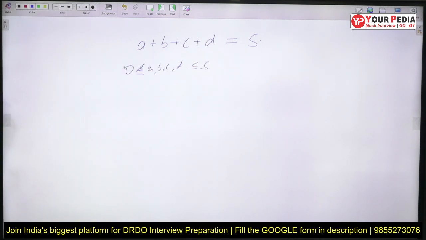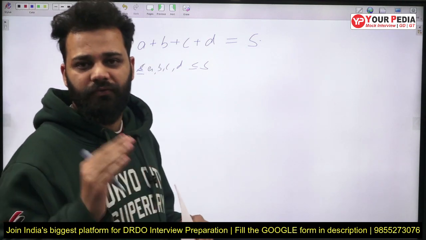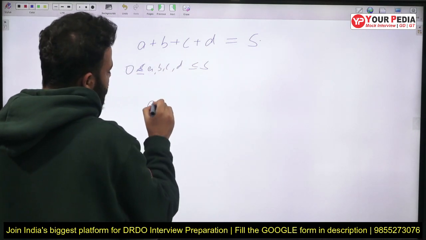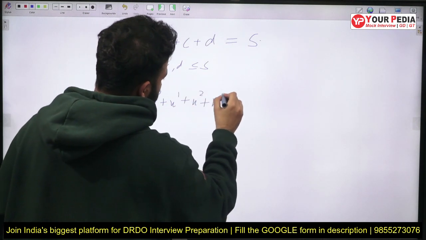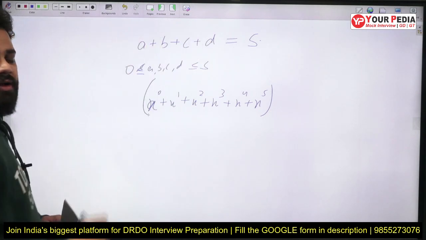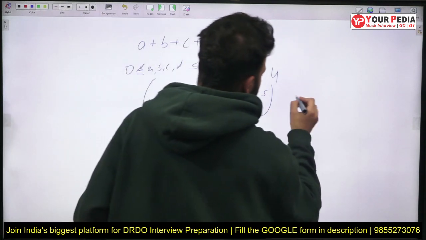The generating function would be, since the constraints are from 0 to 5 for all A, B, C and D, x raised to power 0 plus x raised to power 1 plus x raised to power 2, 3, 4 and 5, all to the power 4, since all have similar constraints, and this will be equal to 5.